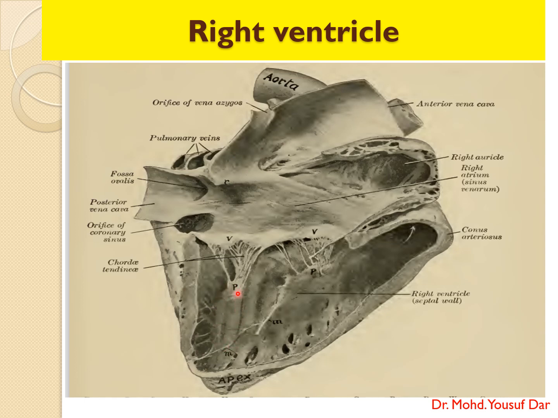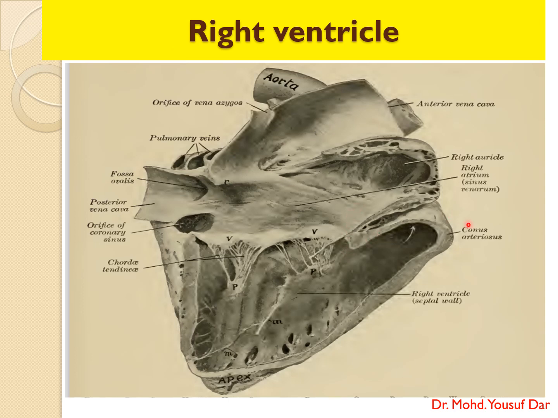Here these are the flat conical projections among the trabeculae carneae. They are known as musculi papillares. This is one papillary muscle and this is the other papillary muscle. The chordae tendineae are attached to the papillary muscles, and this is a musculotendinous band known as the moderator band.